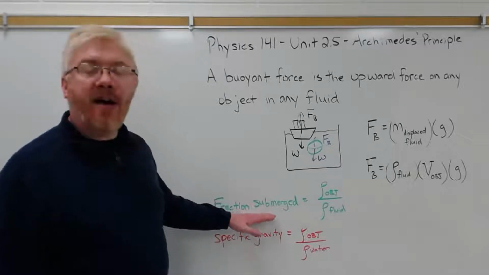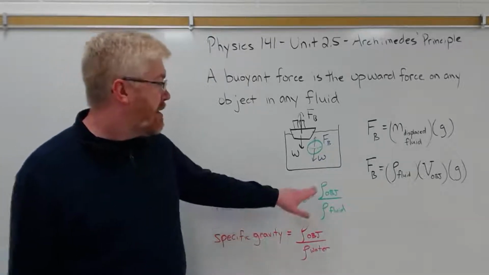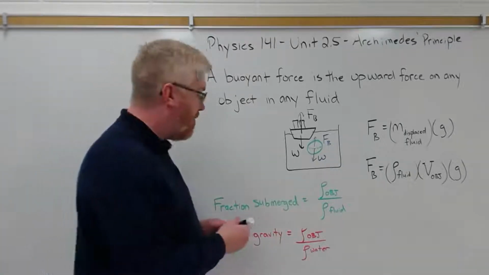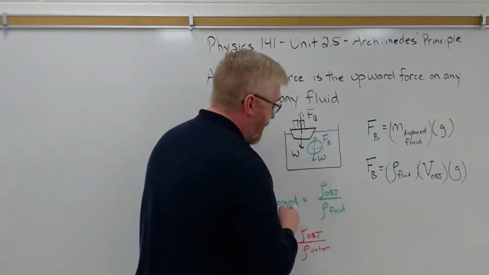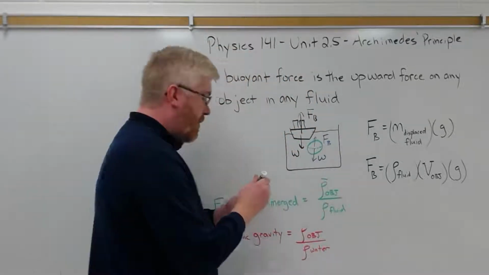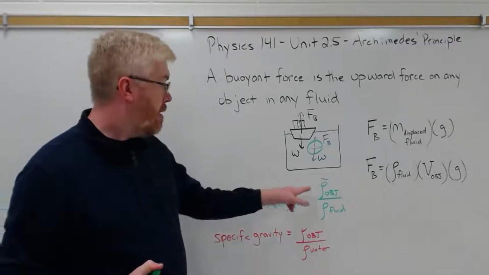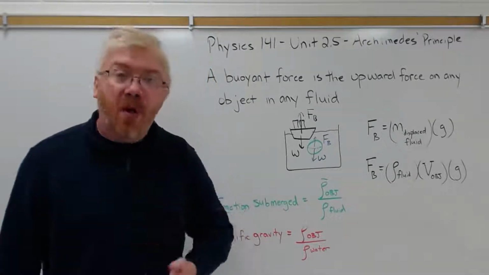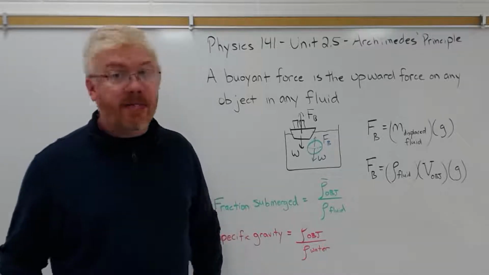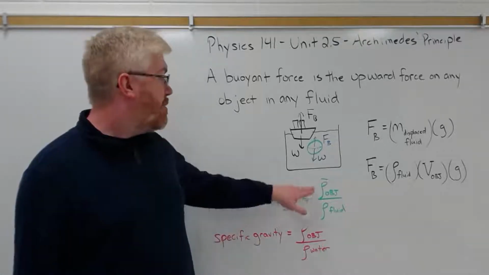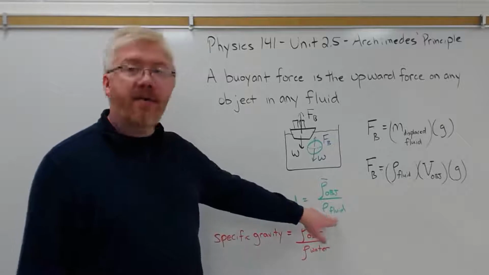So if you want to know the fraction submerged of an object, it's the average density of that object, again, we're worried about averages, over the density of the fluid. So the reason you float in water, typically most people float, is because your density is smaller than the density of water.